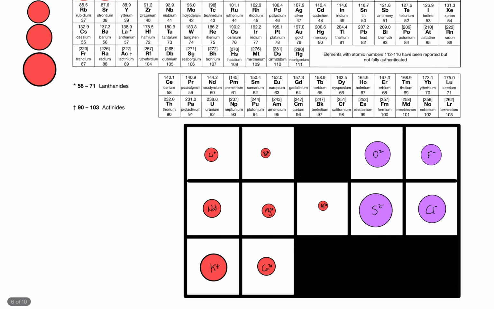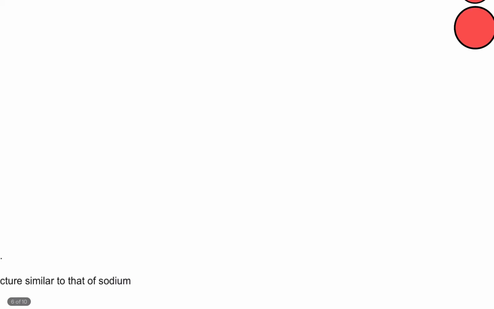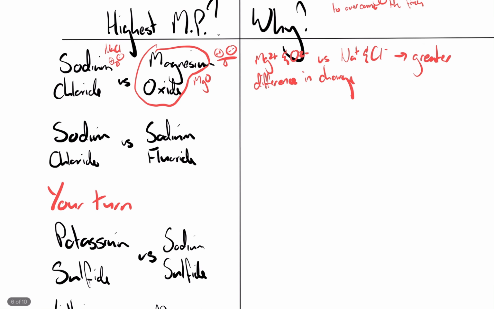Next one, sodium chloride and sodium fluoride. So here we're going to look at the difference maker. The sodium's the same, we've got chloride and fluoride. This time we've got the same charges, but as we can see, the fluoride is a smaller ion. Therefore, that 1 minus charge is concentrated over a smaller area. Worth doing our formulas. We've got NaF, NaCl.